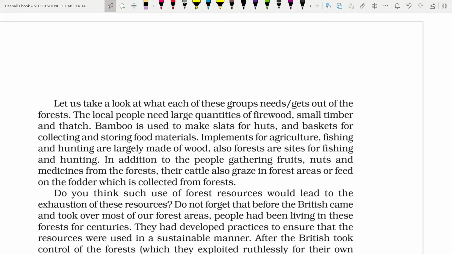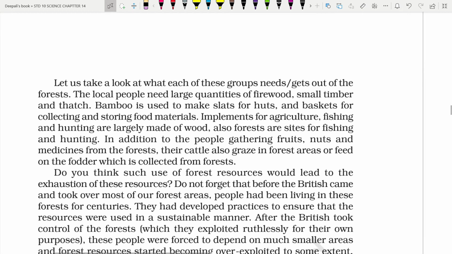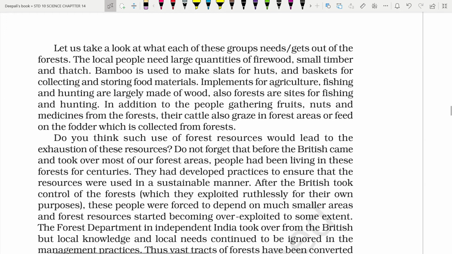Now let us take a look at what each of these groups needs to get out of the forest. The local people need large quantities of firewood, small timbers and thatches. Bamboo is used to make slats for huts and baskets for collecting and storing food material.